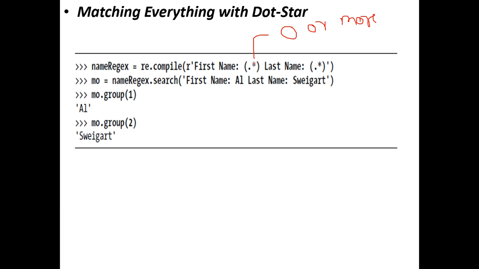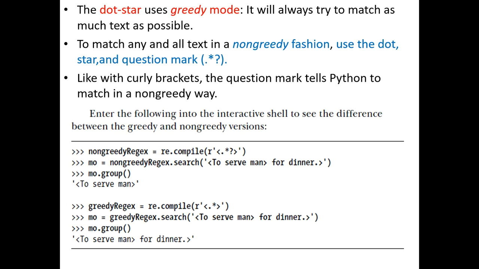It is going to match 0 or more characters. If the string we have passed starts with first name, after that what we have written is AL. This regular expression will match with AL, and here you are using the concept of group. So group 1 is going to have AL, and group 2 is going to have cigar.